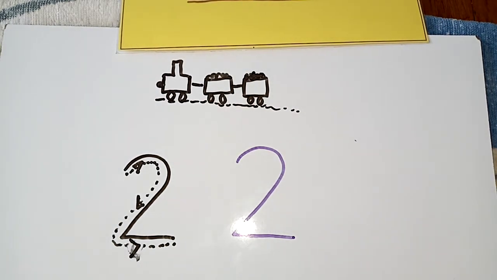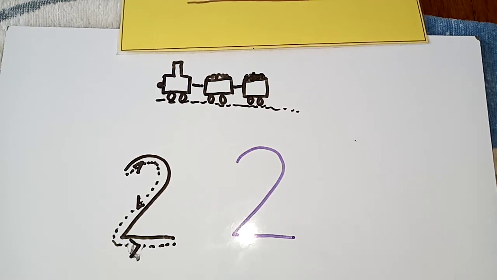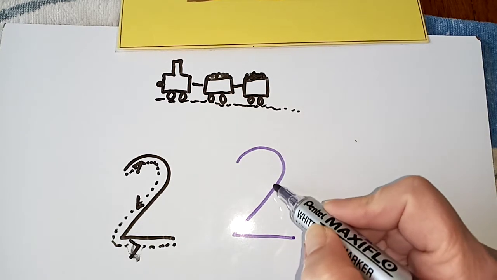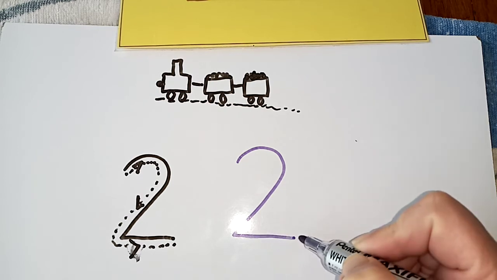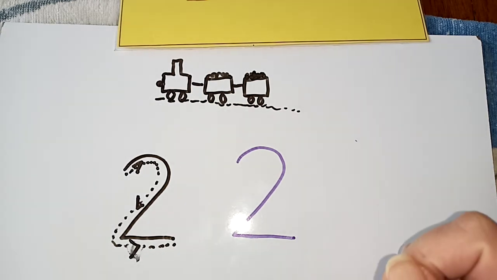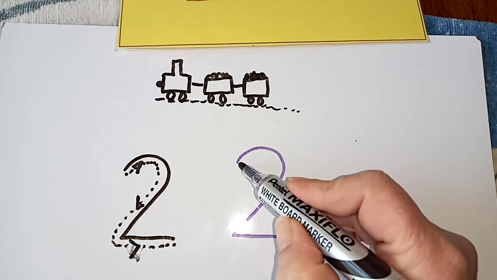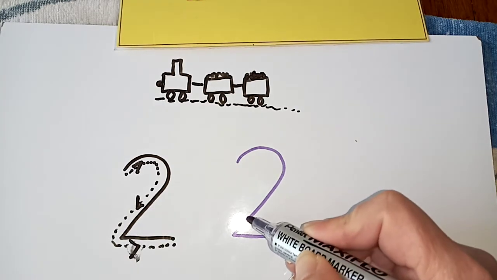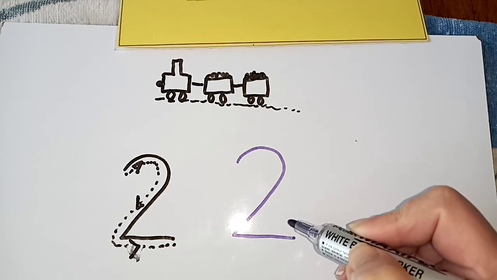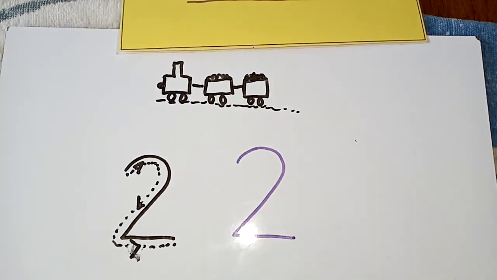And what sound does a little engine make? Choo-choo. So we're going to say toot-toot. So around and back on the railway track. Toot-toot-toot. That's the sound it makes. So once more, around and back on the railway track. Toot-toot-toot.